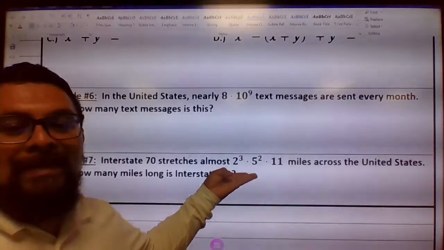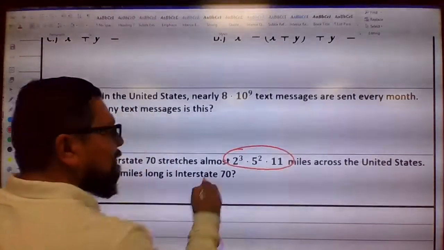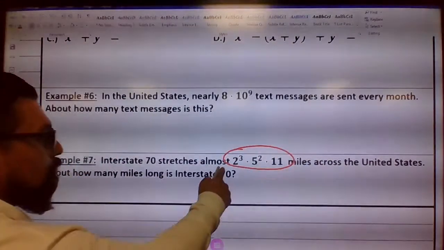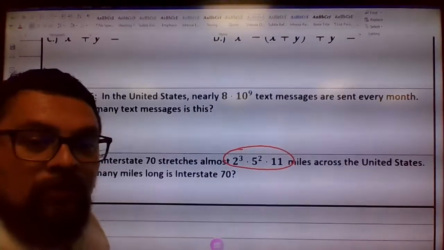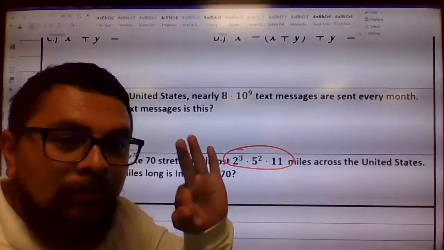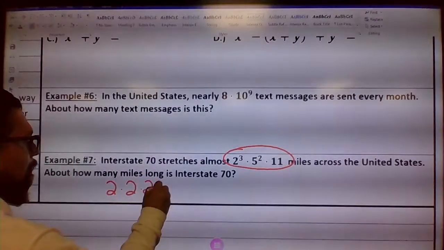Okay, what the heck does that mean, right? So we need to expand it to find out what this is. Let's do it with the first one. 2 to the third means how many 2's are written? 3 of them, right? So it's 2 times 2 times 2.